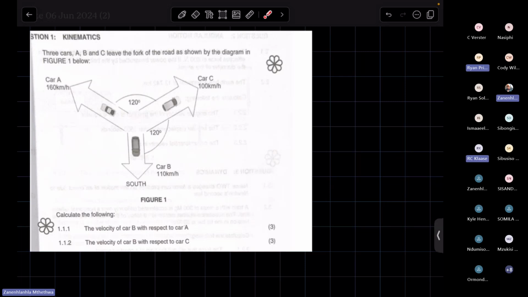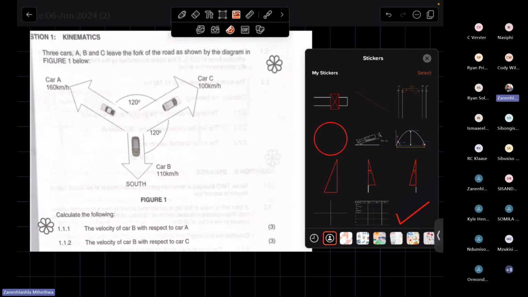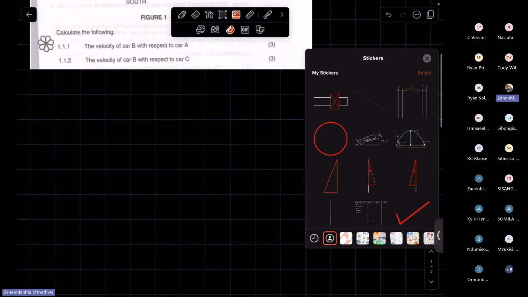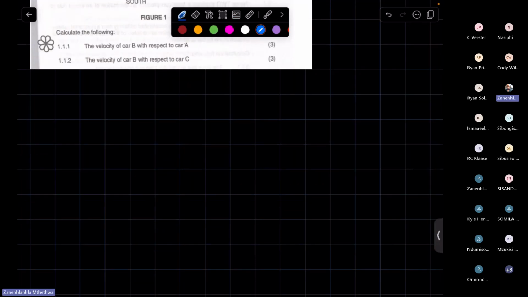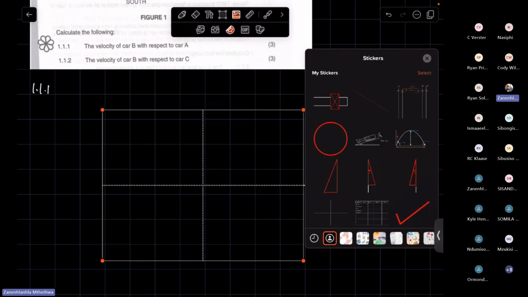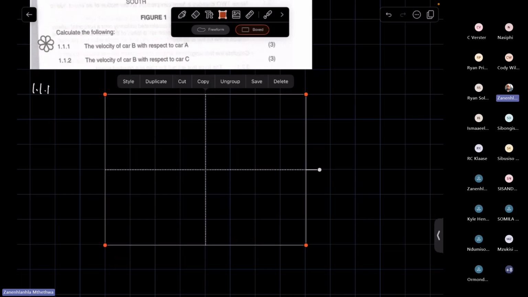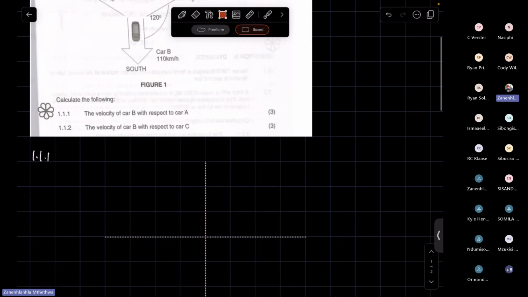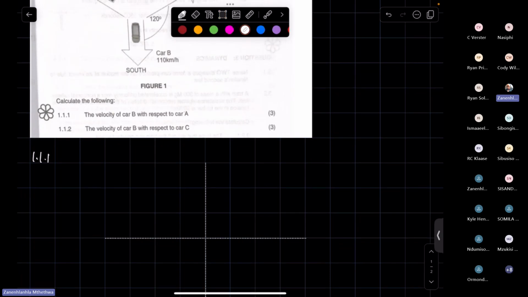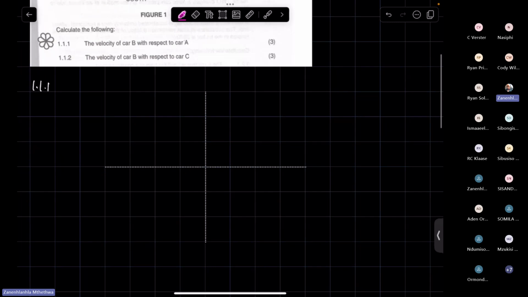Yes, sir. Right. So this is 1.1.1. Here's our Cartesian plane. So now we are going to draw vector B, going downward, right?